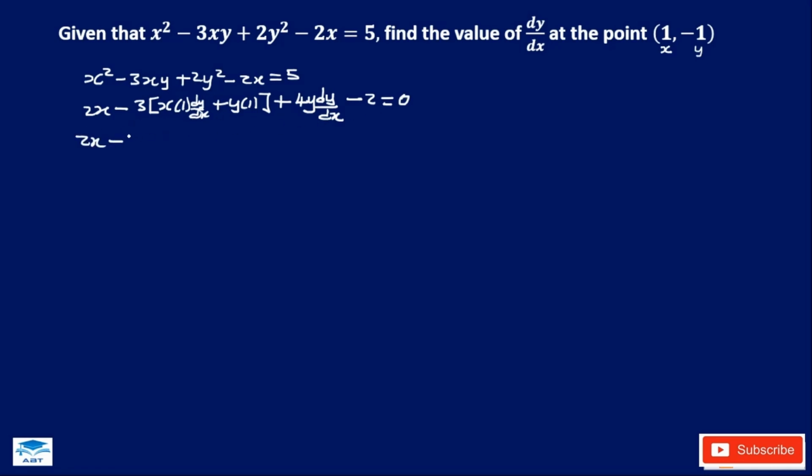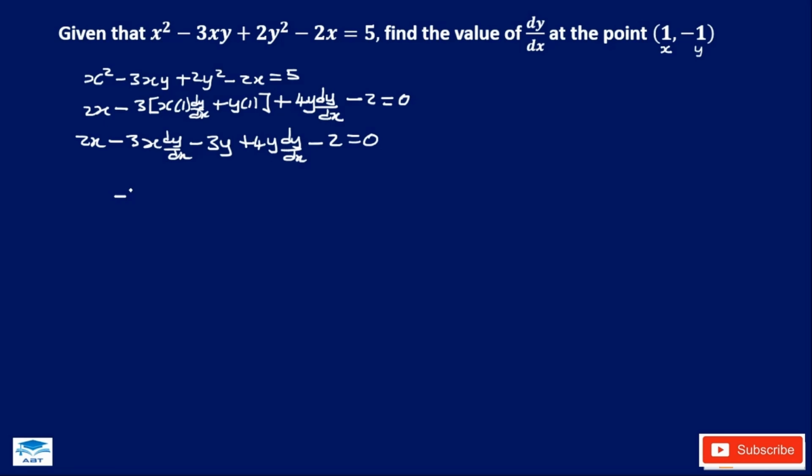We expand the bracket, we have 3x dy/dx, then minus 3y plus 4y dy/dx minus 2 is equal to 0. So we are going to keep dy/dx at this side of the equation and send everything to the other side.